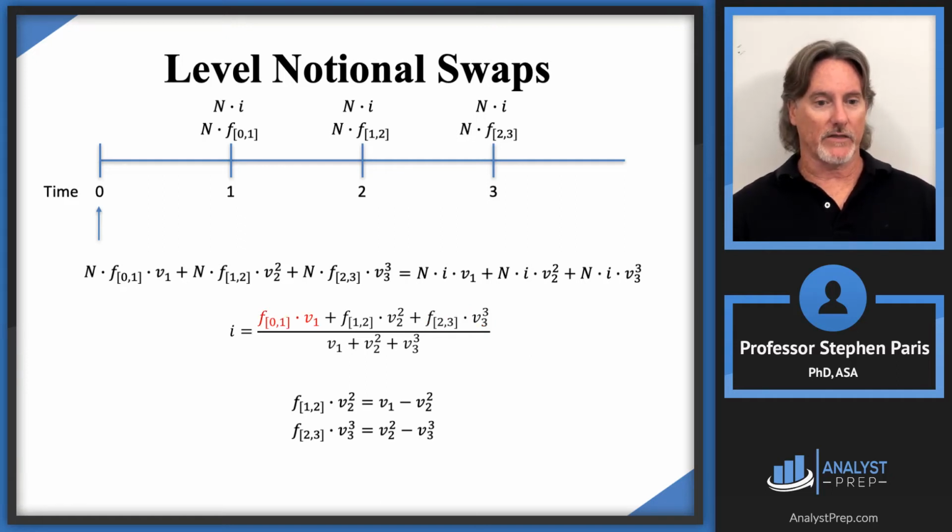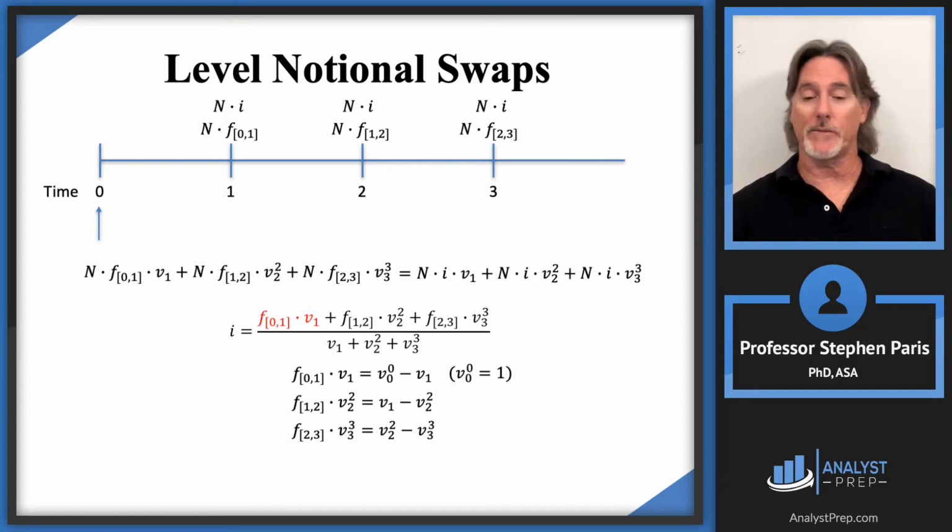And now let's look at the very first term. I'm going to back it up. If I just follow the pattern that I have here, the forward rate from time 0 to 1 times v sub 1 would be v sub 0 to the 0 minus v sub 1. That's true as long as we define v sub 0 to the 0 power to be 1. I'm not even sure what v sub 0 really means, the 0 year spot rate.